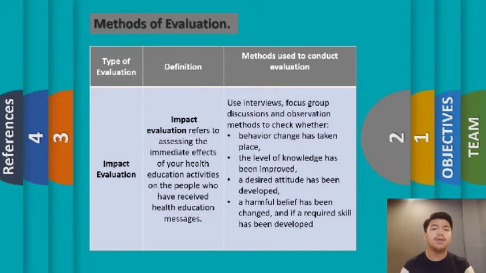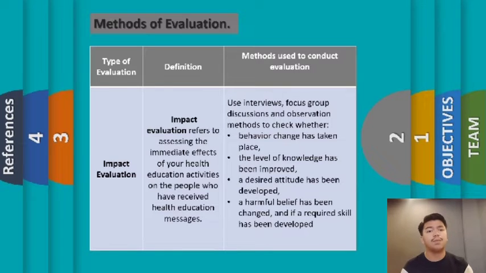So through this, we could evaluate the impact on the people by applying our intervention. So first one, if any behavior changes. Number two, if their level of knowledge about health education or their illnesses or their practices has improved, and then a desired attitude has been developed.